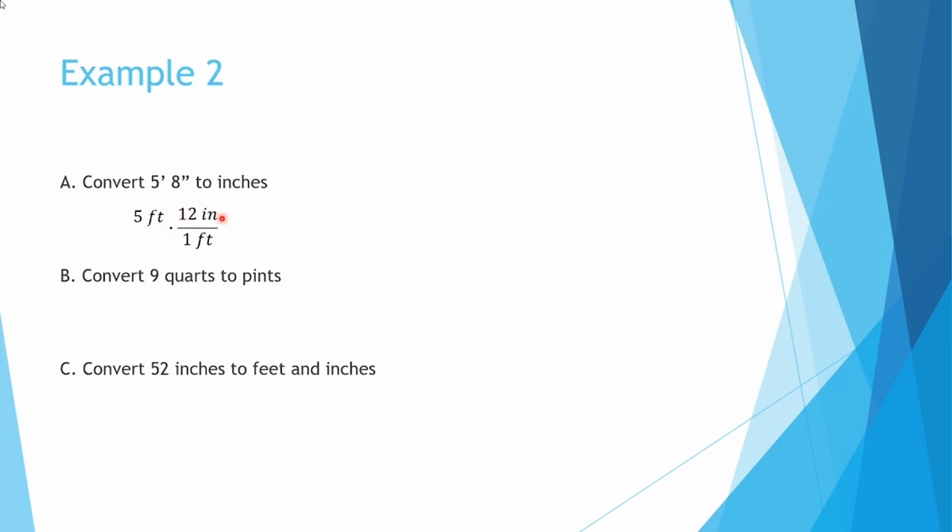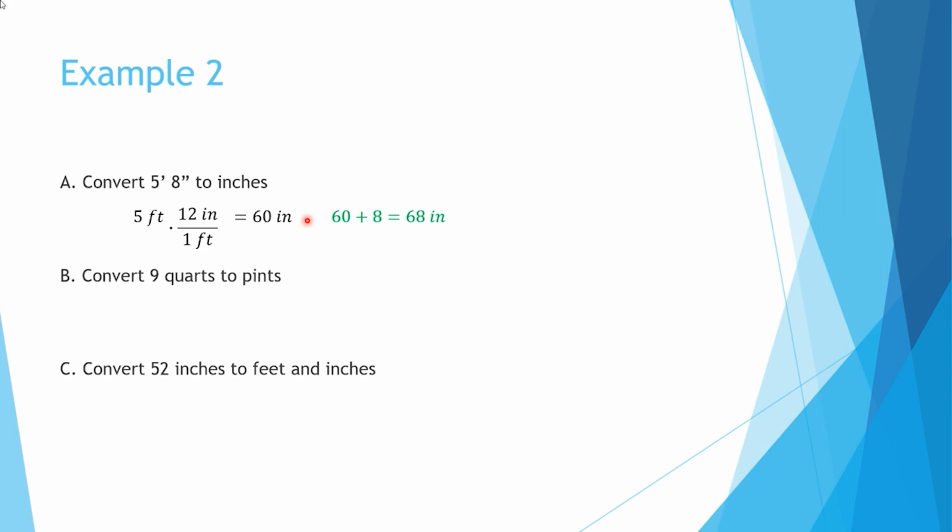Again, multiplying it by a 1. You know that 1 foot is equal to 12 inches, so you put the feet diagonally, and you put the inches on top. So then you would just multiply, you get 60 inches. You still have that 8 inches, so you would add 60 to 8, and you would get 68 inches.